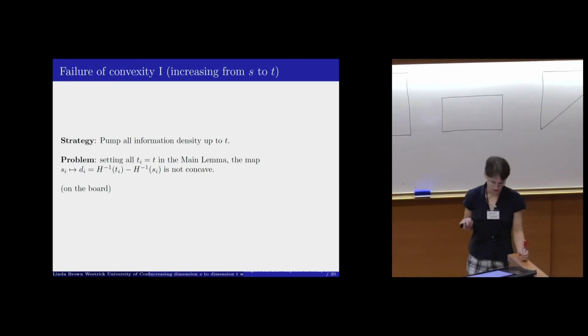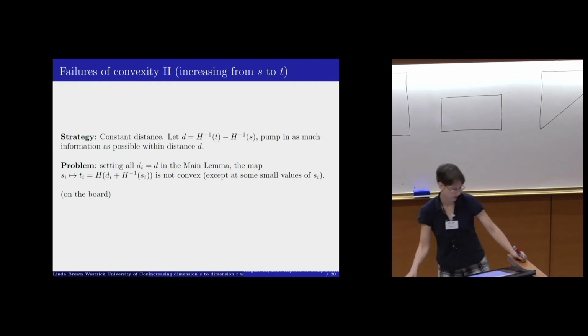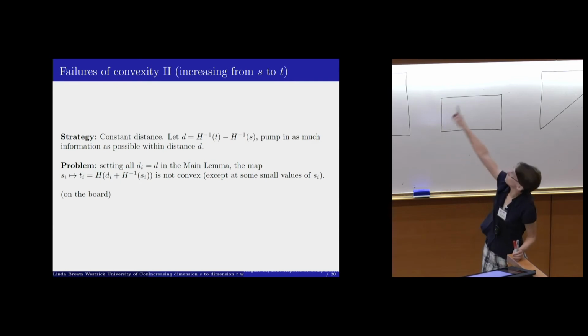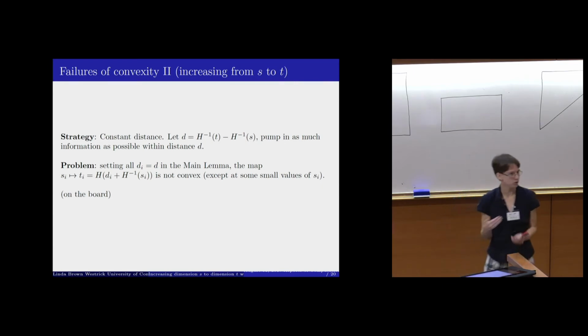There's another strategy that you might immediately think of, which would be the strategy of instead of raising each chunk immediately up to t, just say, okay, here, this d, h inverse t minus h inverse s, is the total amount of distance that I'm ever allowed to use. So how about I just use that distance on every chunk and just increase the dimension as much as I can within that distance and hope that it's enough.